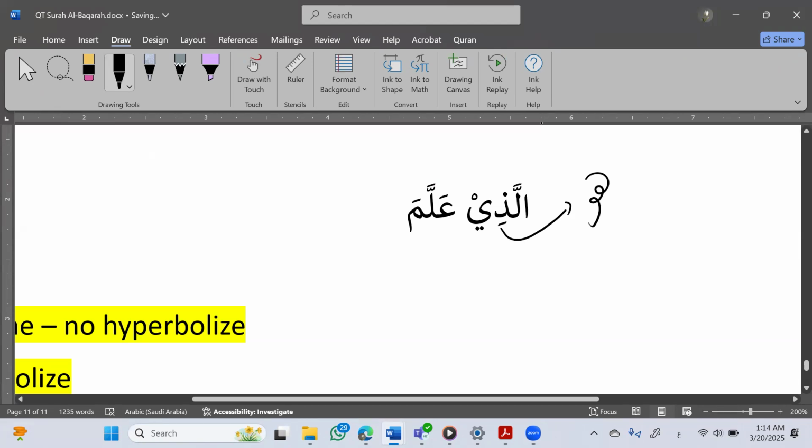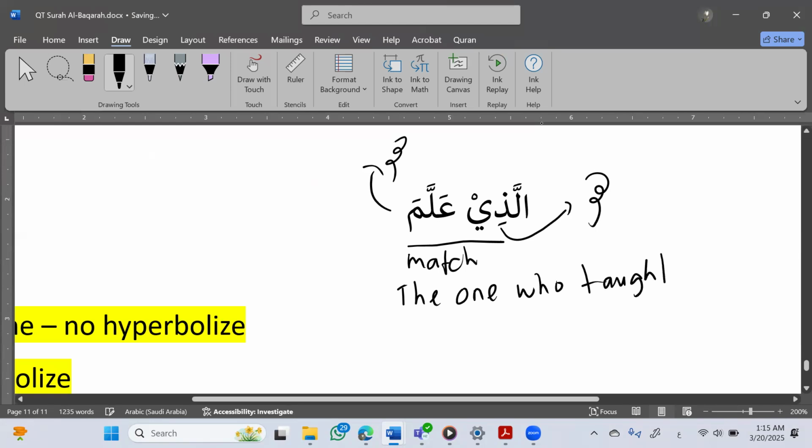And the verb here is madi, huwa version as well. When it is a match, we don't pull out the pronoun inside the silah, so the translation is going to be the one who. At this point, am I correct?